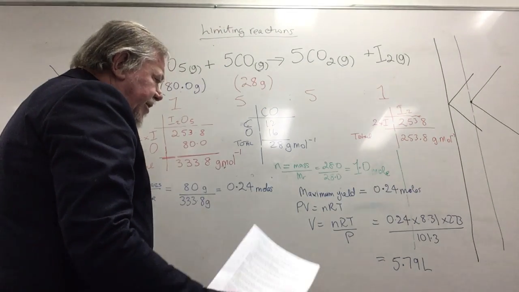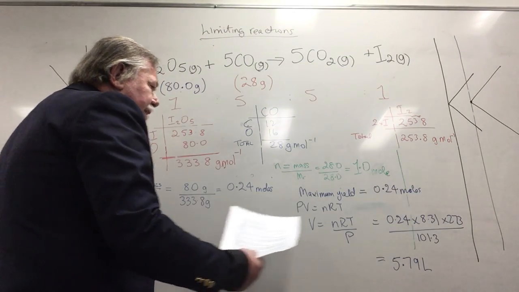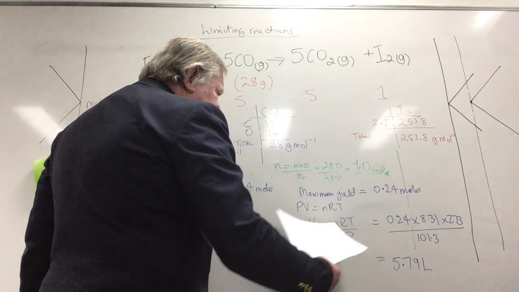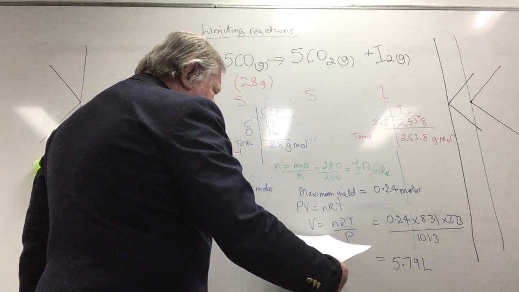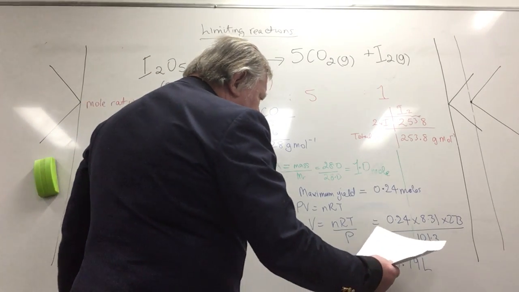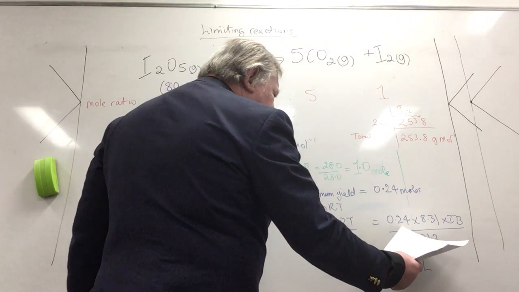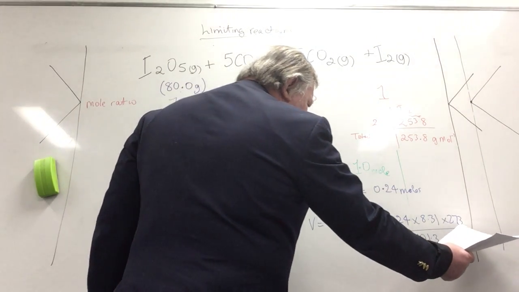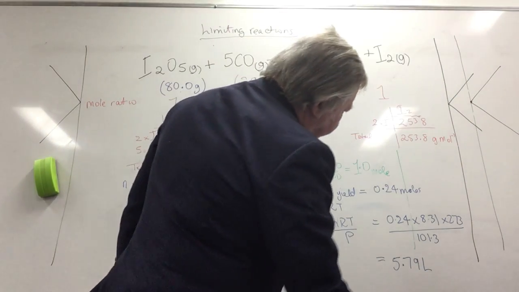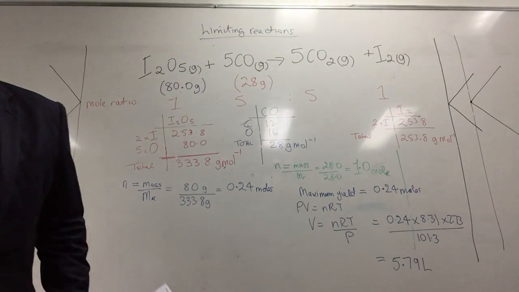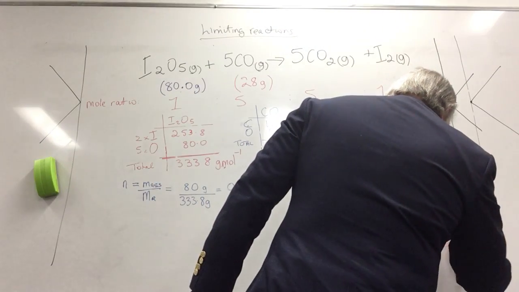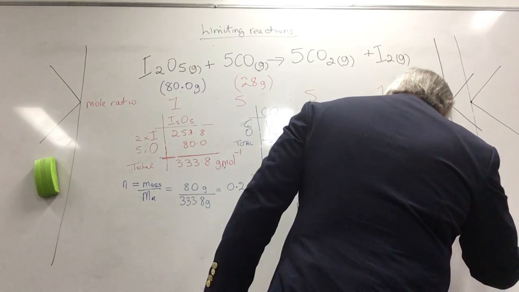then we can now calculate how much gas we're going to have. So PV equals nRT, so V equals 0.24 moles times the R, which is the constant, times 273, that should be 293.